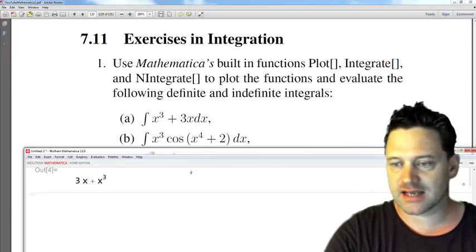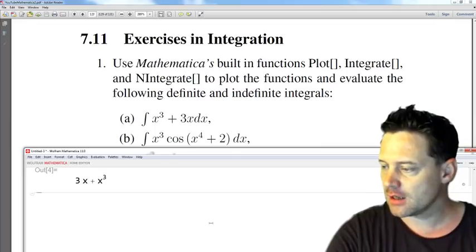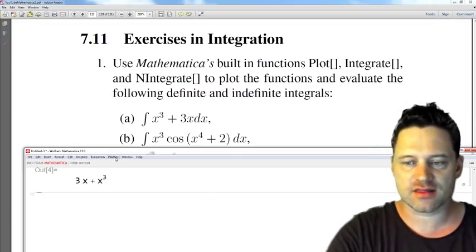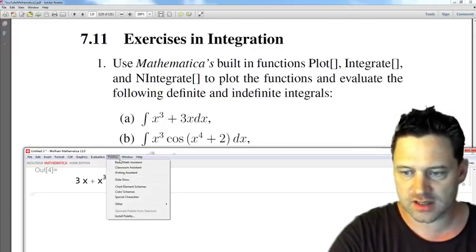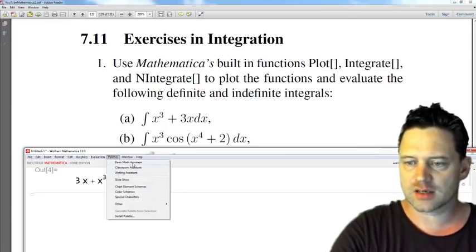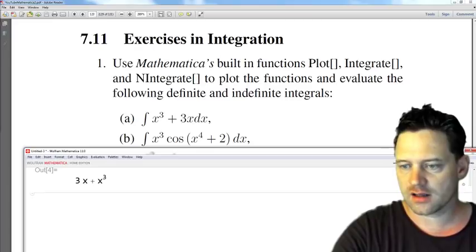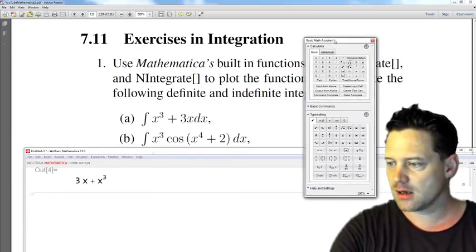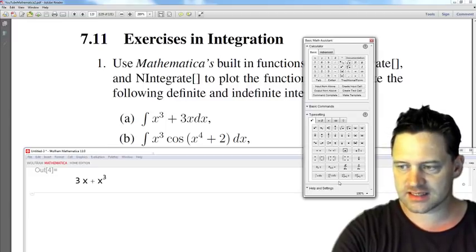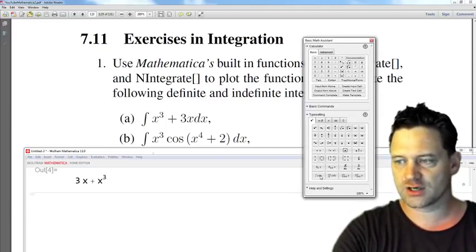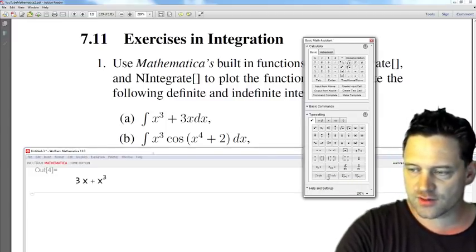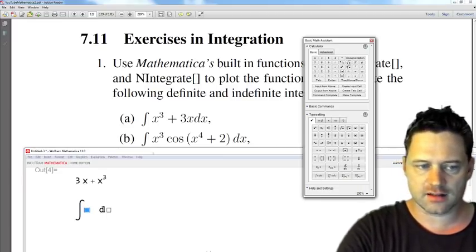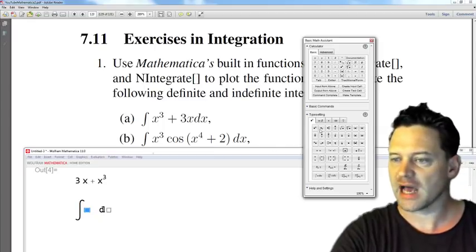Now let's open up a palette, because I think there's a nice symbol that I can use. So Basic Math Assistant, and then a palette appears, and I'll move it over here so we can see it. There's a symbol down here at the bottom, which you can't see because of the resolution, but I'll click on it, and there appears the symbol that I'm after.